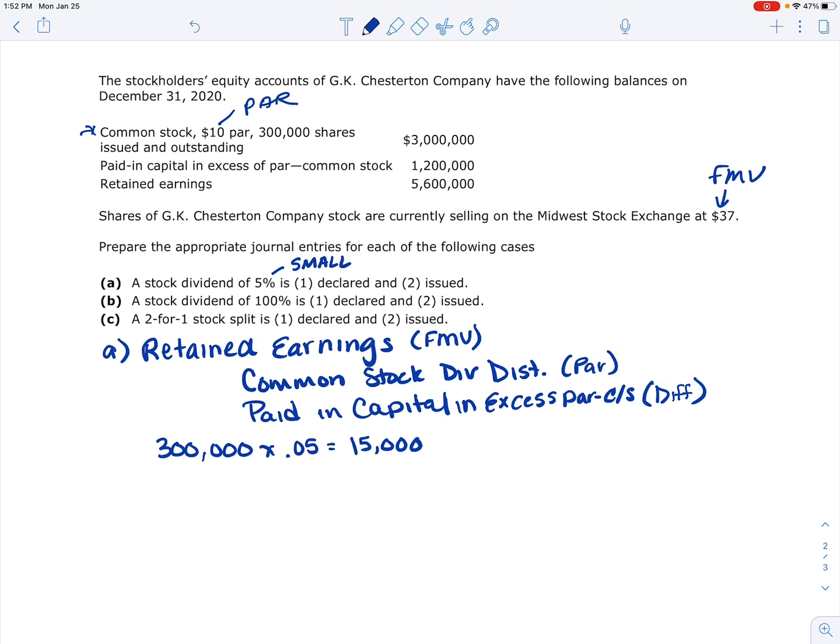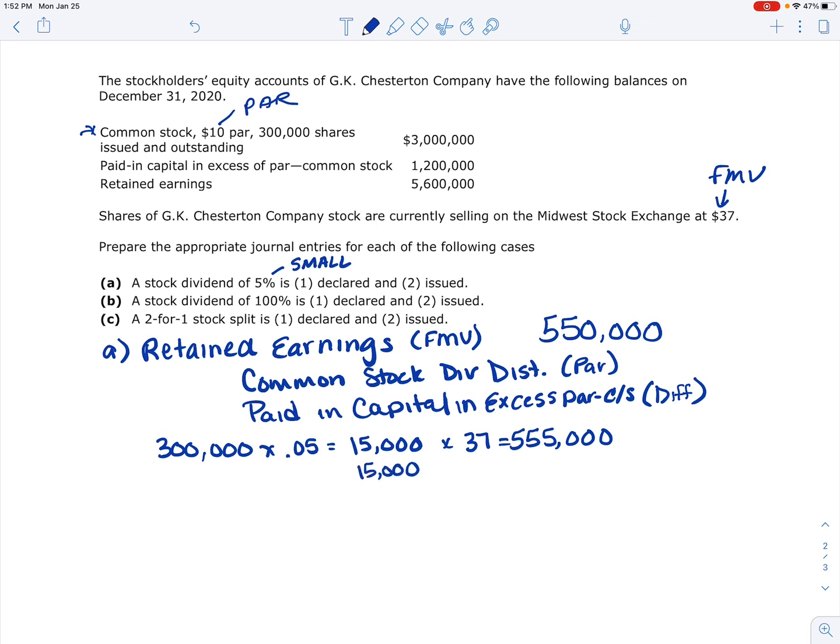Then I'm going to take that 15,000 shares, times my fair market value, which gives me, oops, I forgot, 555,000. And that is the amount that's going to go to retained earnings.